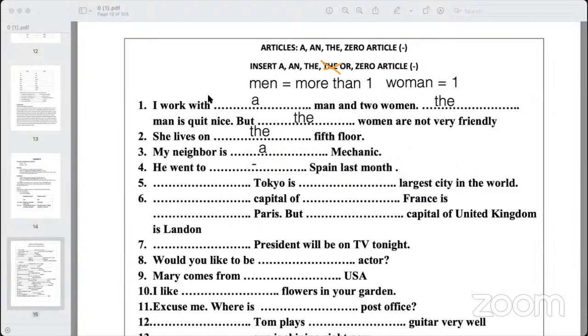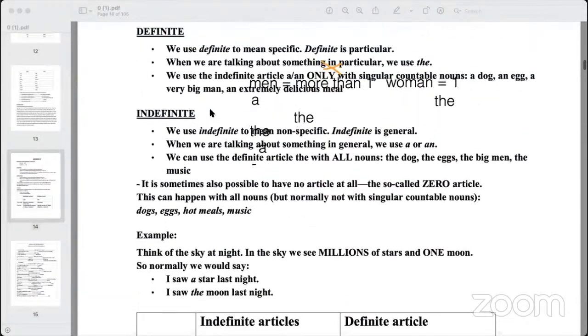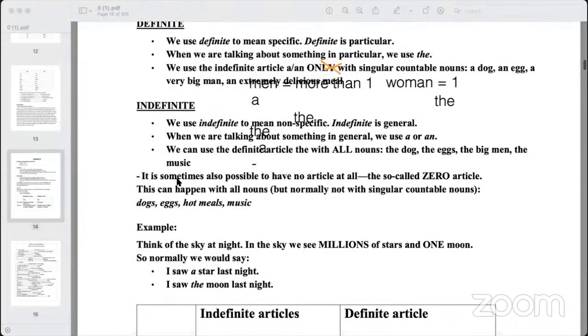So if we go back to what zero article is here. It is sometimes also possible to have no article at all. So you use this sign, the so-called zero article. This can happen with all nouns, but normally with singular countable nouns.